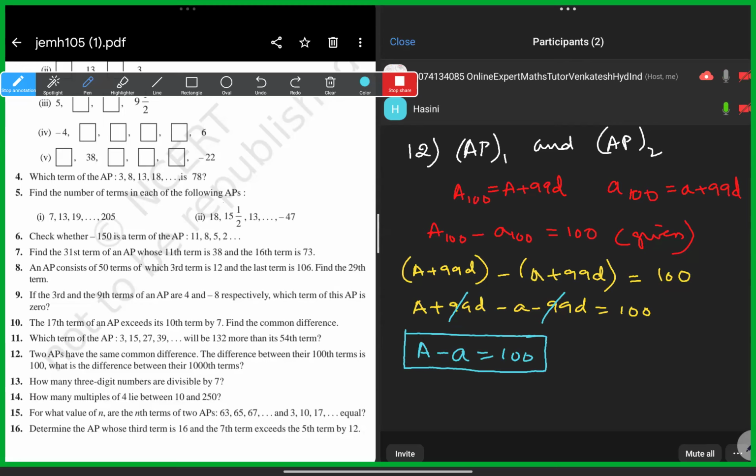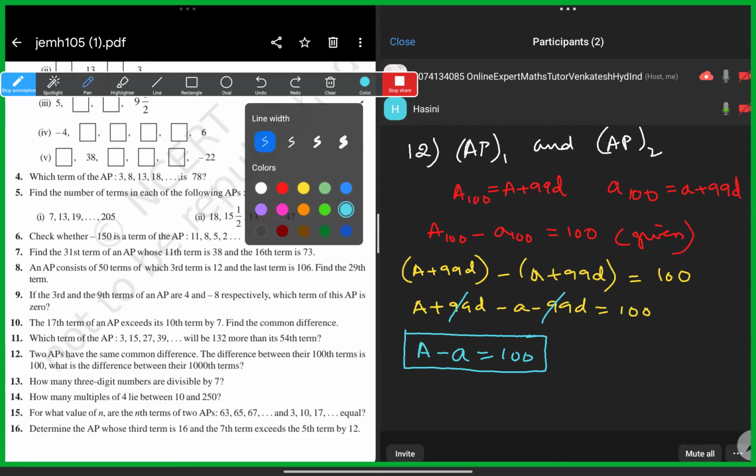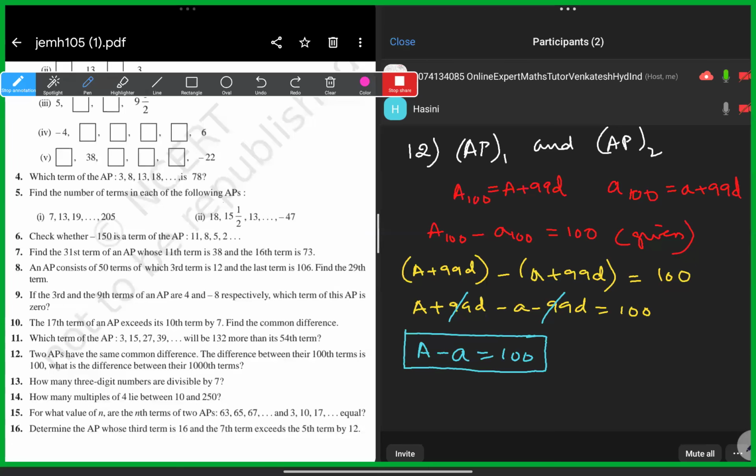Now, what did they finally ask? What is the difference between their 1000th terms? Same way, we'll write an equation. The difference between the 1000th terms is A 1000 minus small a 1000. A 1000 is the 1000th term in the first series.